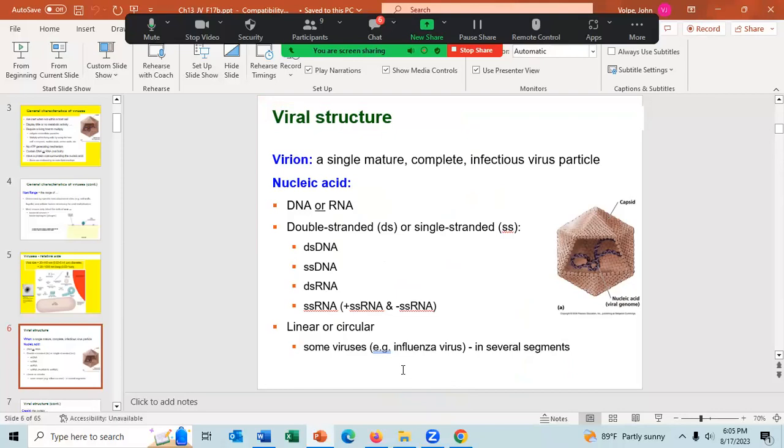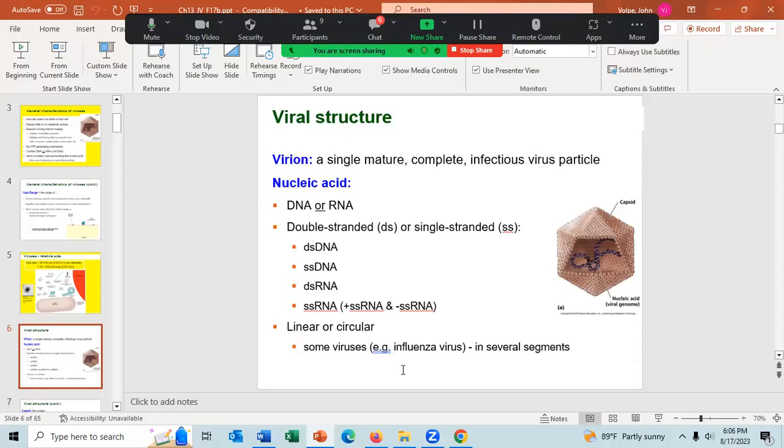Viruses contain a nucleic acid for their genome. However, viruses are unusual in that DNA can be their genome or RNA can be their genome. Their genome is never both DNA and RNA. It's one or the other.